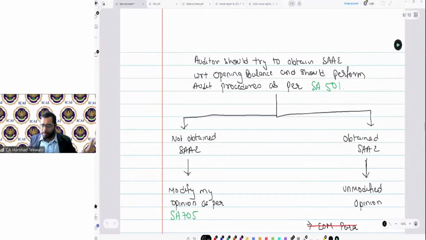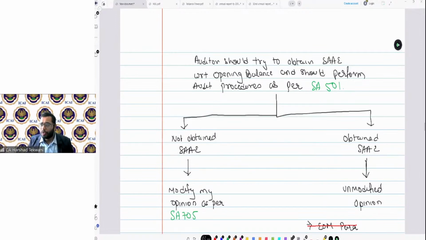Both are separate. On one hand, I'm talking about gathering the audit evidence. On the other hand, I still say that even though I obtained the audit evidence, these numbers are not audited, because I have gathered the evidence about the opening balances, not the transactions for the financial year 2021. So there might be profit and loss account figures and other transactions for that period which are not part of opening balances.